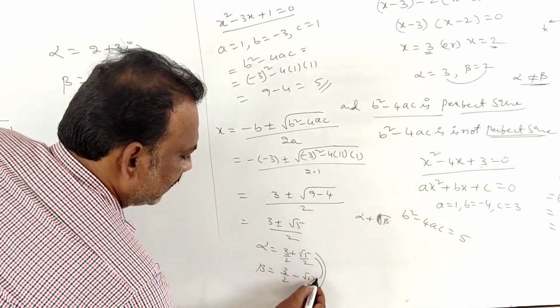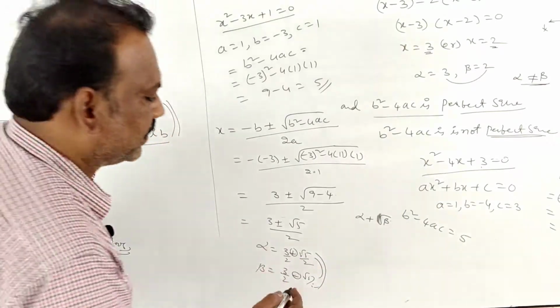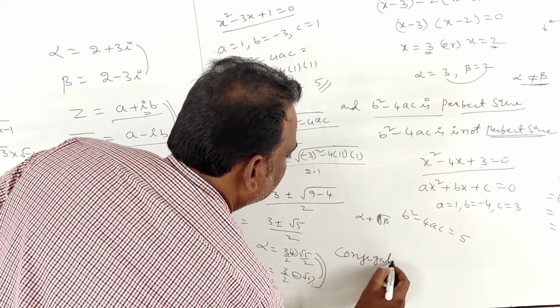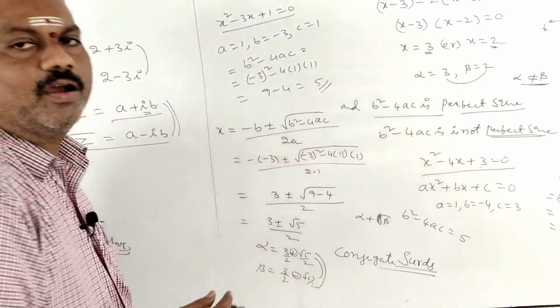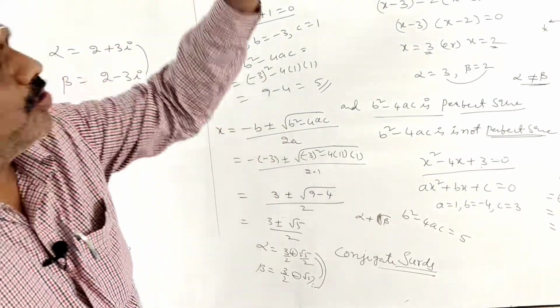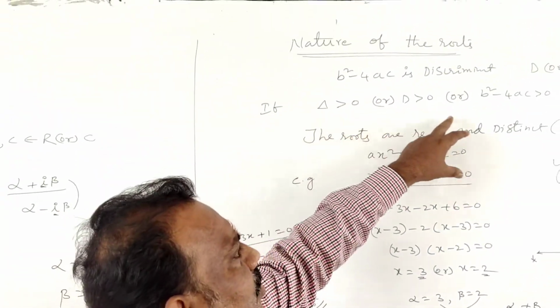The same terms, with a difference of sign, so these are called conjugate surds. What do we call these? Conjugate surds.